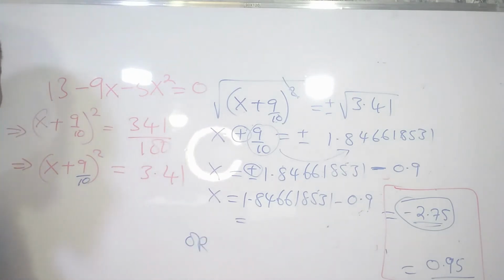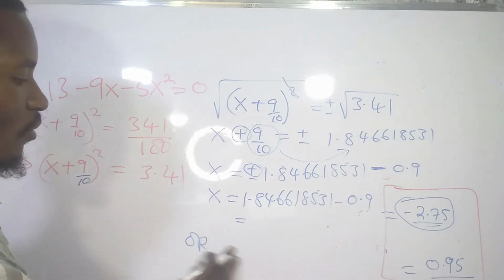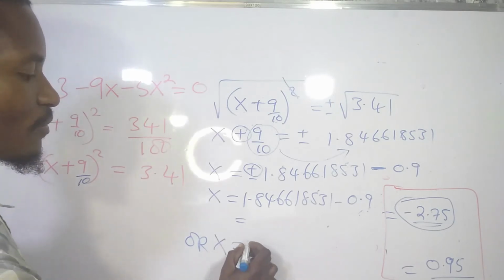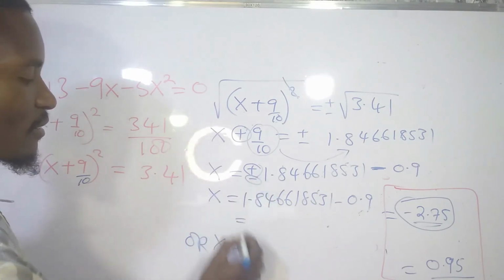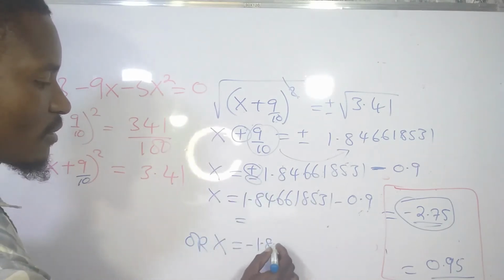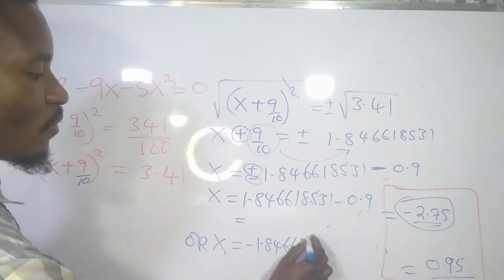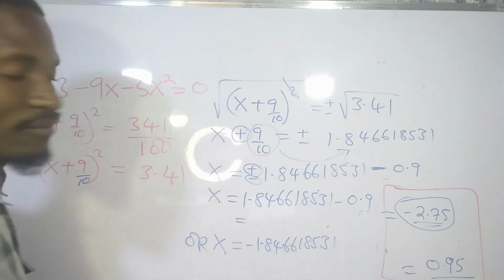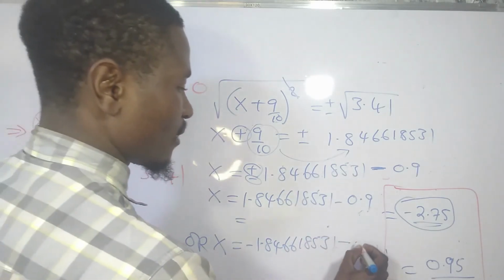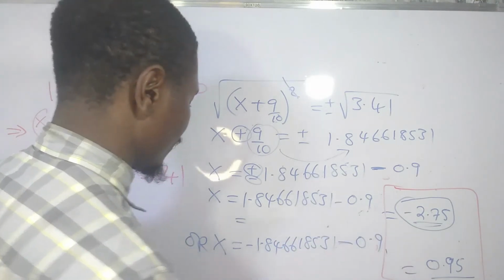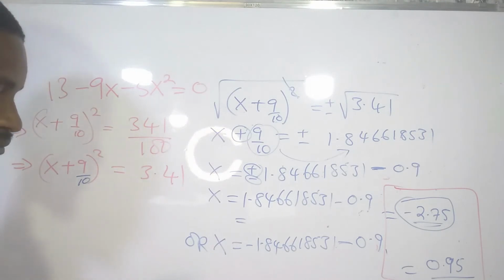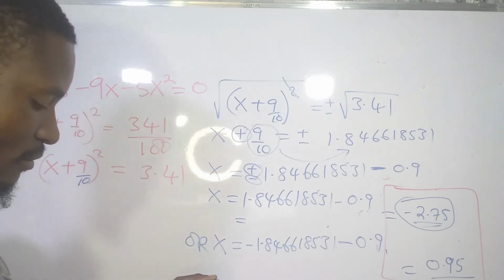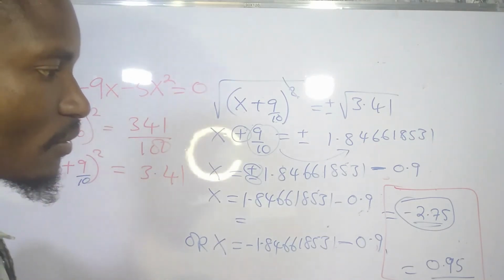Or x equals, meaning x now negative 1.84661851. This one is still minus 0.9. So the answer there, minus 0.9.